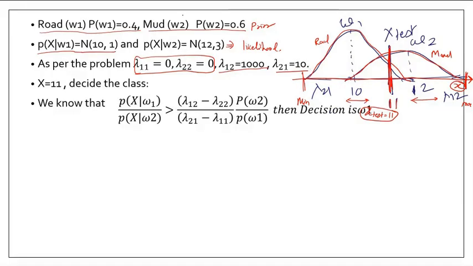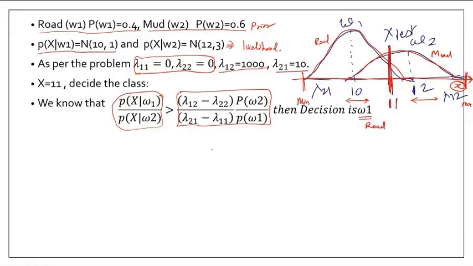From our previous discussion, we will go with omega 1 as the decision when this ratio, probability of x given omega 1 to probability of x given omega 2, is greater than this threshold. If this ratio is greater than this threshold, then I will decide that this is omega 1. In this case, omega 1 is road.